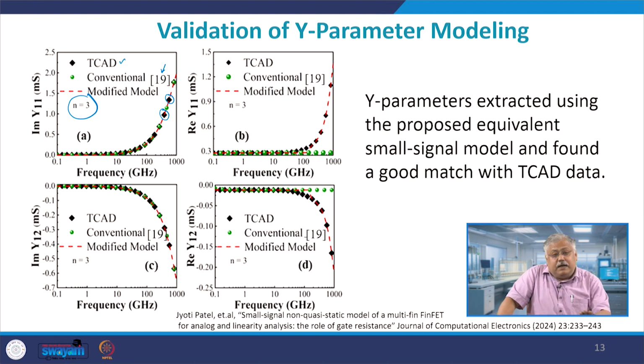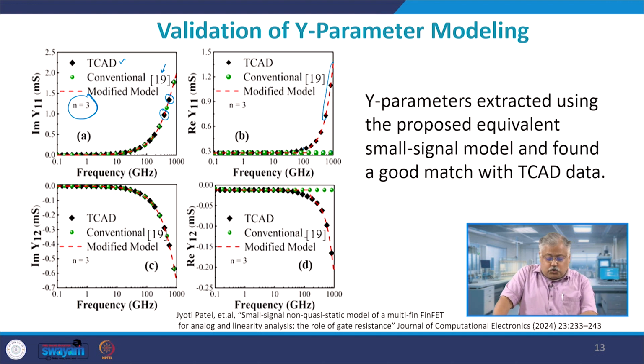However, while the imaginary part sort of matches very well, if you look at the real part of y11, you see there is a big deviation here. The TCAD and the modified model match very well, but beyond 100 gigahertz, this green color, the conventional one, shows almost a flattened real value of y11.